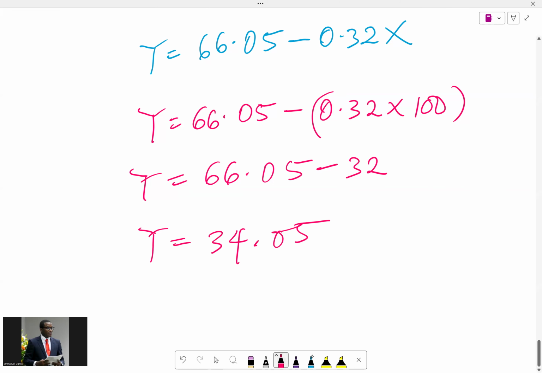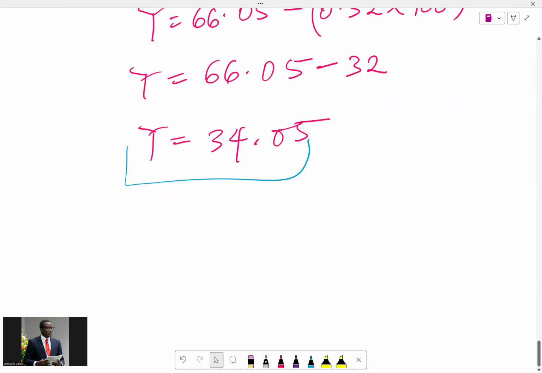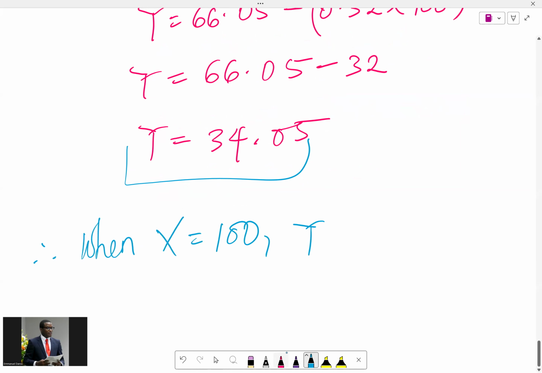So that is the value of y. Therefore, when x is 100, y is equal to 34.05. And with that, we come to the end of this question.